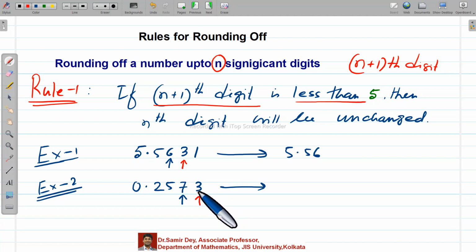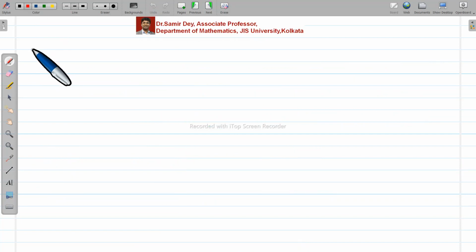Here it is less than 5. So according to the rule, your answer will be 0.257. Is it clear to all of you? Rule number 1: up to whichever digit you want to round off, you have to consider the next one. If it is less than 5, the previous number needs no change. Clear? Okay, very good.